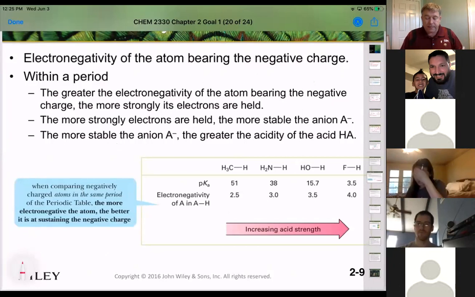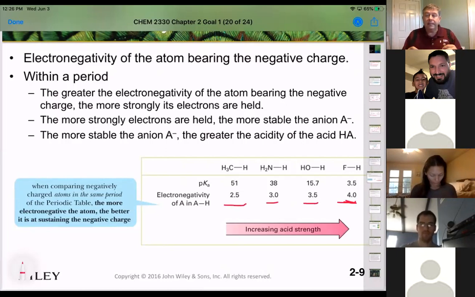Okay, so electronegativity. When we start thinking about electronegativity, let's start thinking about just that row 2 on the periodic table: carbon, nitrogen, oxygen, and fluorine, okay? Fluorine is the most electronegative of them, has the electronegativity right here of 4. Then it's oxygen, nitrogen, and carbon in that order right here.